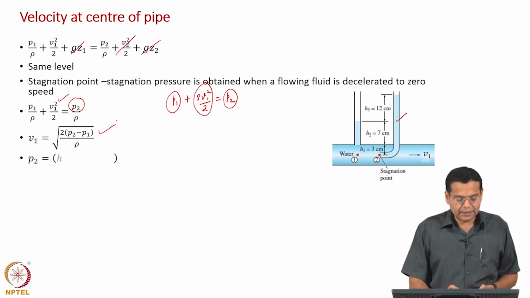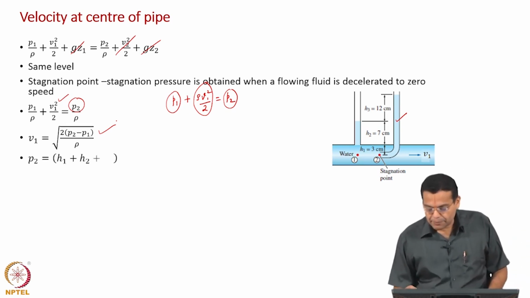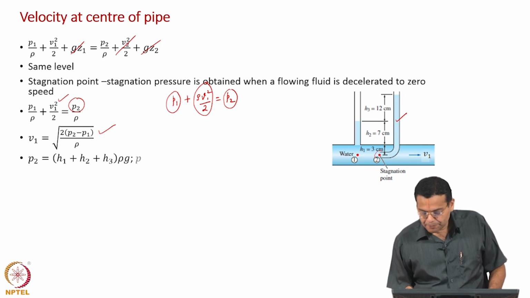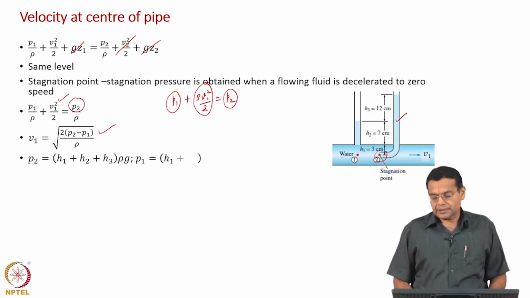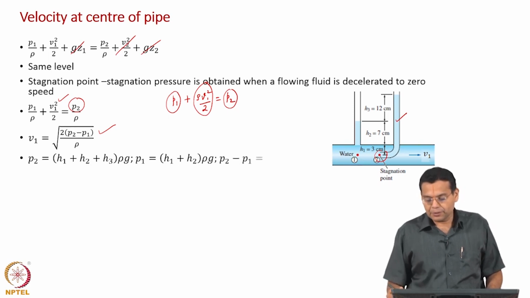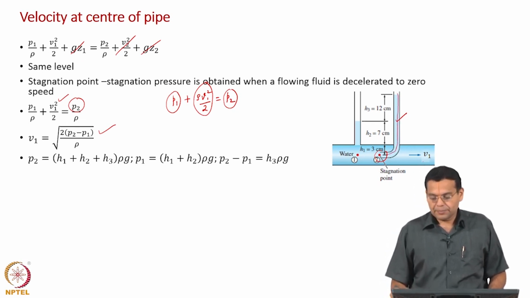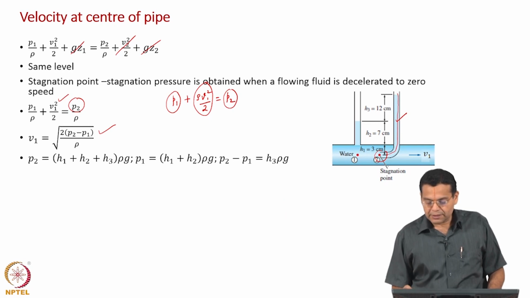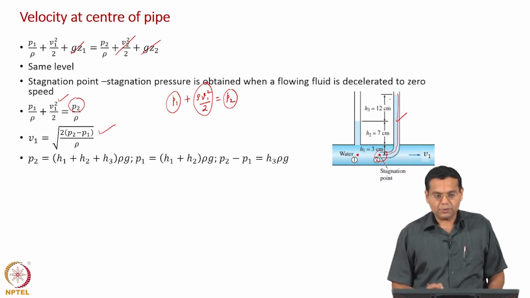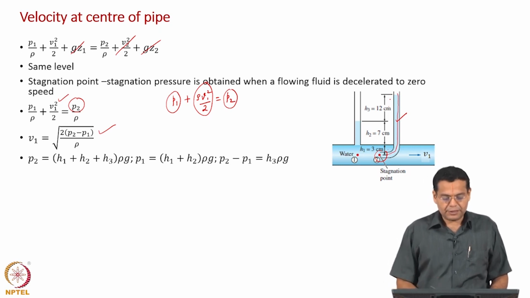So, now let us evaluate the pressure at point 2. The pressure at point 2 is balanced by the hydrostatic head of liquid in the pitot tube. And what is the hydrostatic head? It is (H1 plus H2 plus H3) into rho, of course into g.